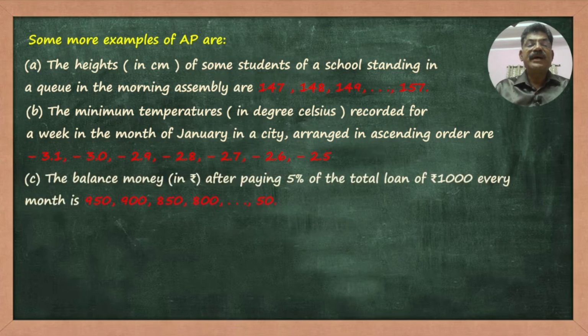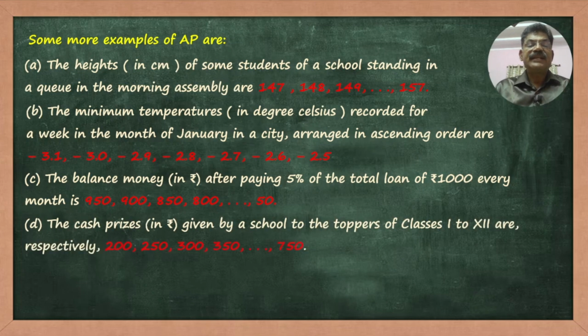C. The balance money in rupees after paying 5% of the total loan of rupees 1000 every month is 950, 900, 850, 800 and so on, because every month 50 rupees is reduced.